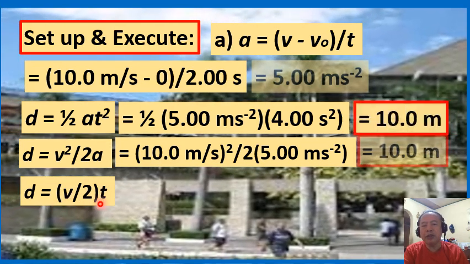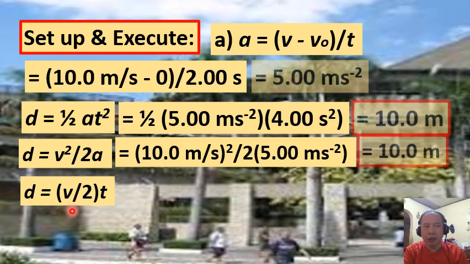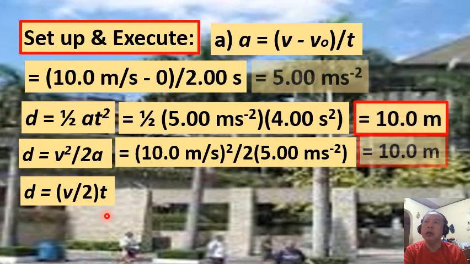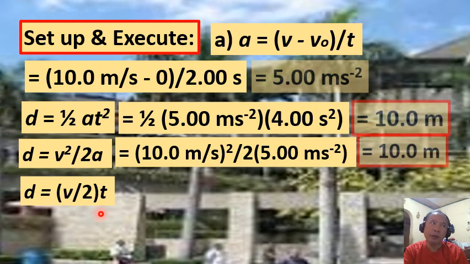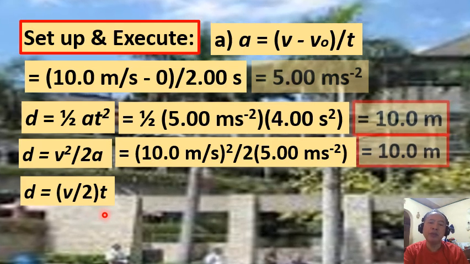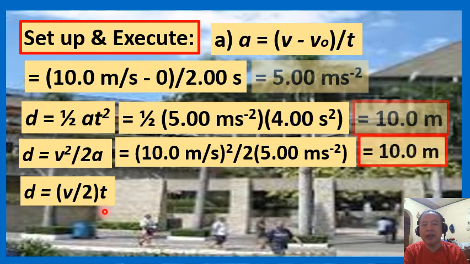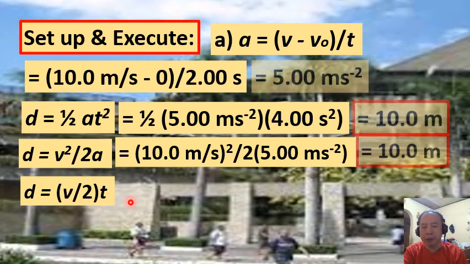This formula is based on the definition for average speed given instantaneous speeds such as the initial and the final. We can get the average by just dividing them by 2, then multiply by the time elapsed.